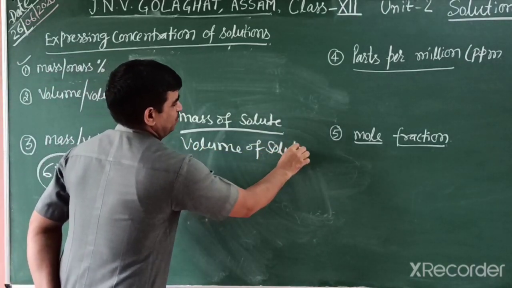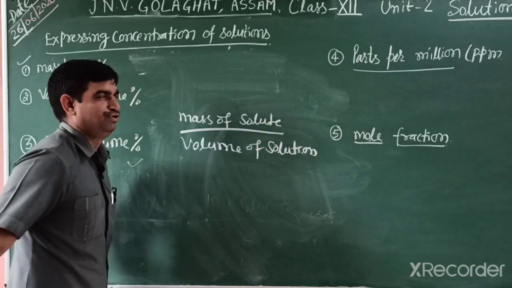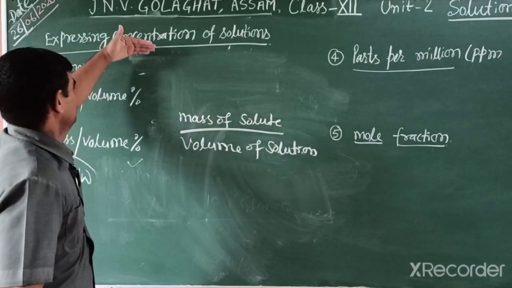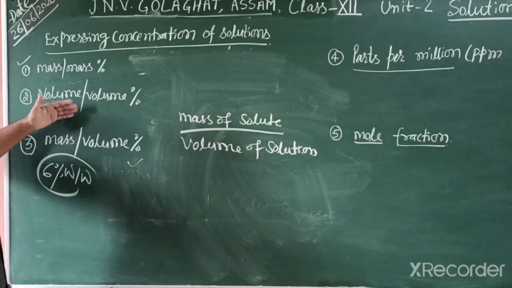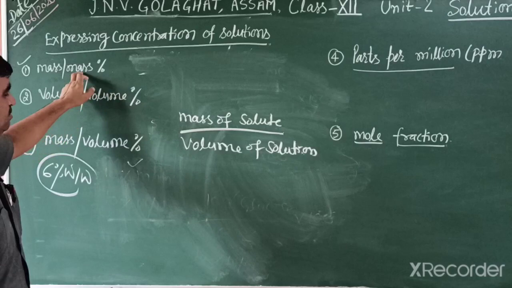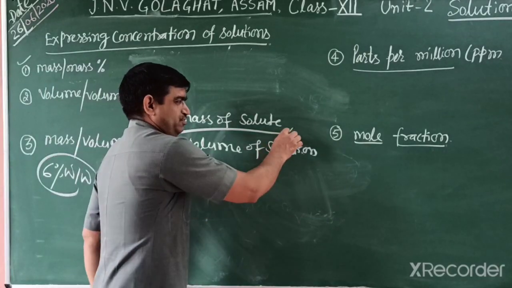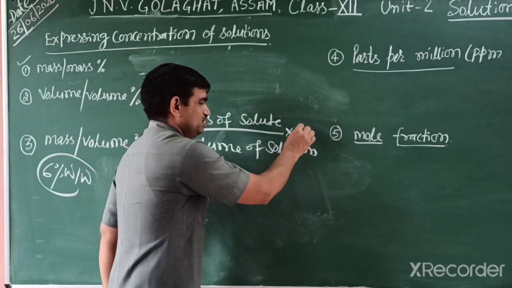In all the formulas we take the solution on the lower side and the solute on the upper side, mass of solute, volume of solute, and the lower side is always the solution. And to find the percent, we use 100.